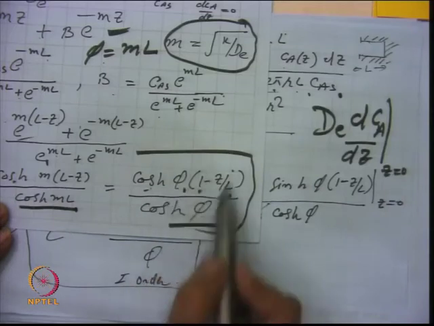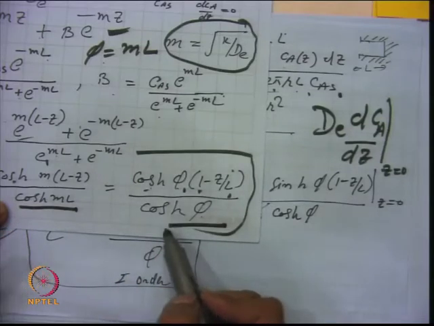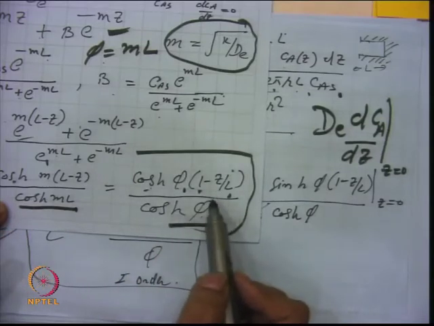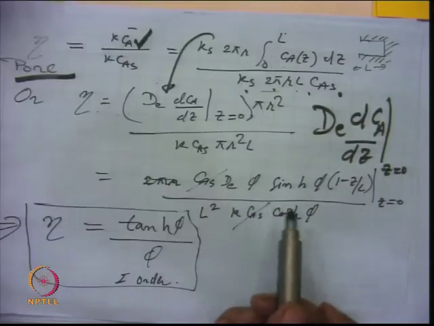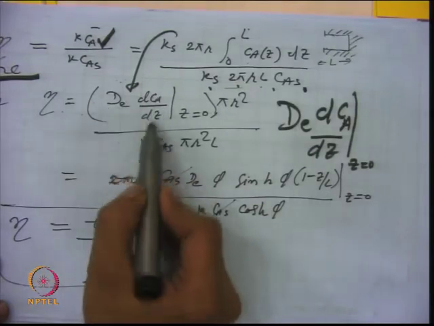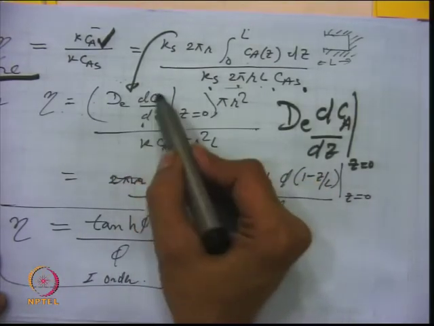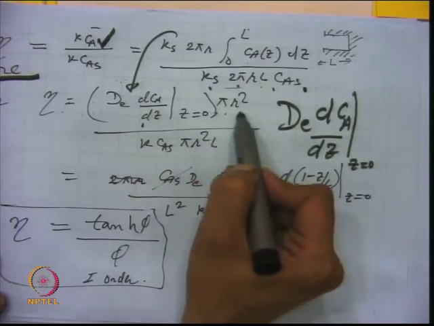So, differentiate this equation and you will have the gradient in the form of sinh phi divided by cosh phi. This is what is shown here. So, evaluate dCA by dZ at Z equal to 0 multiplied by the diffusivity to get the flux, and multiplied by the area of the pore, pi r square.